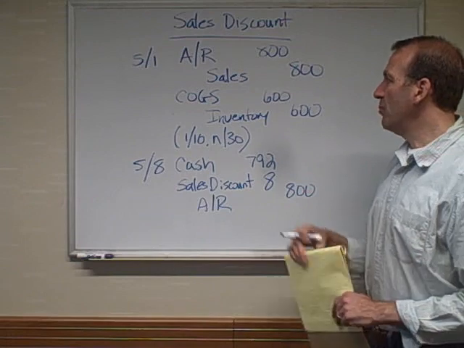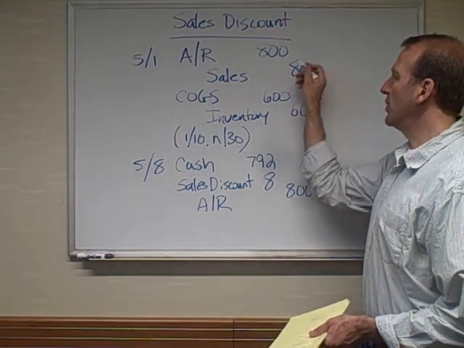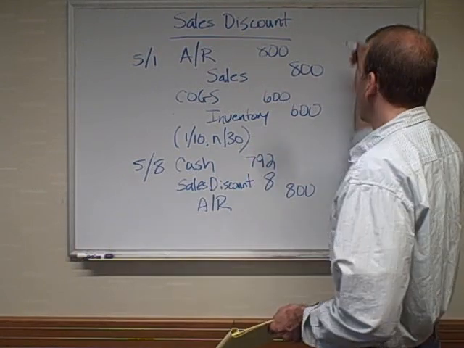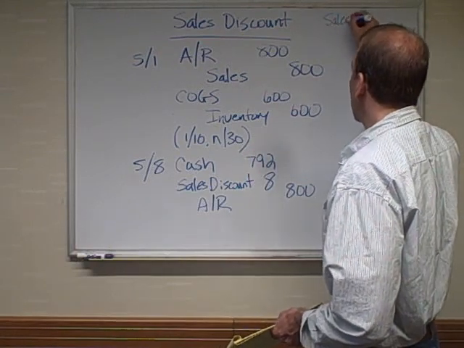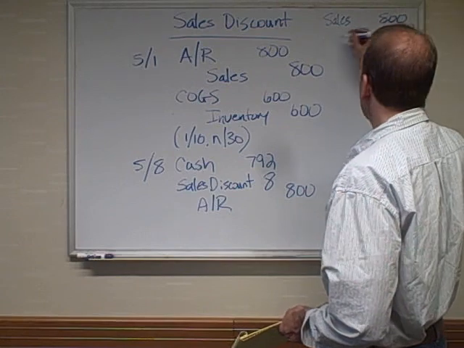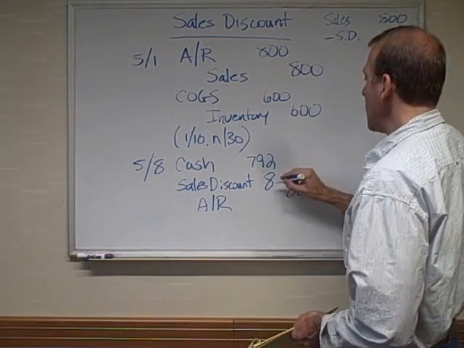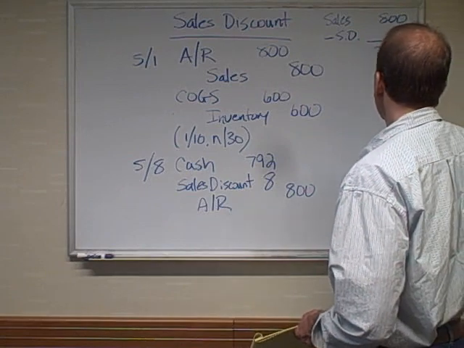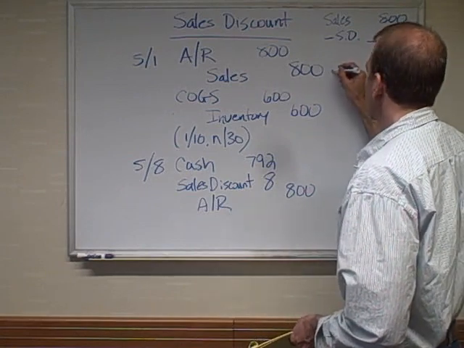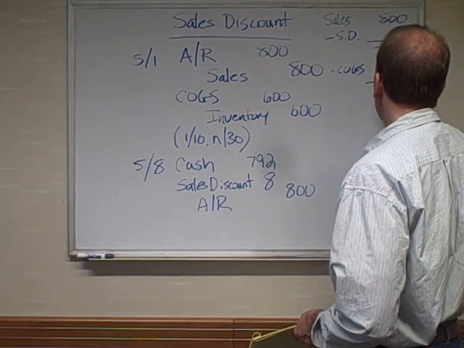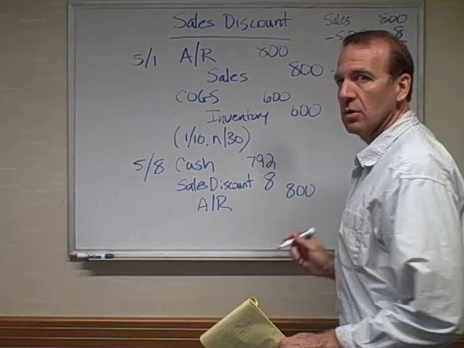So now, previously I said our profit was $200. It's not $200 now because we have sales, I'm gonna abbreviate here, sales of $800 less sales discount of $8, so that's $792 less the cost of goods sold, which was $600 because that's an expense, so it's $192.